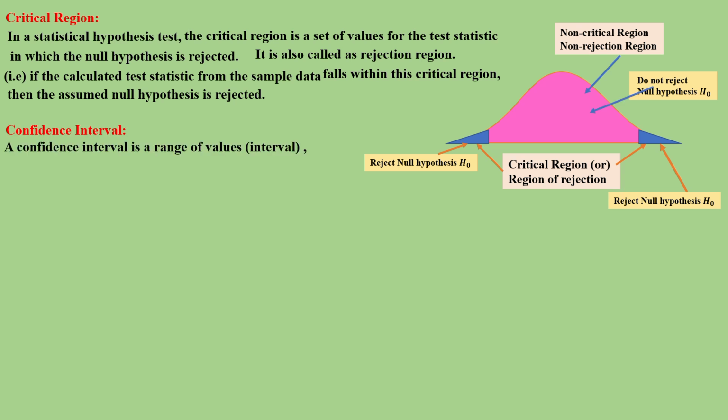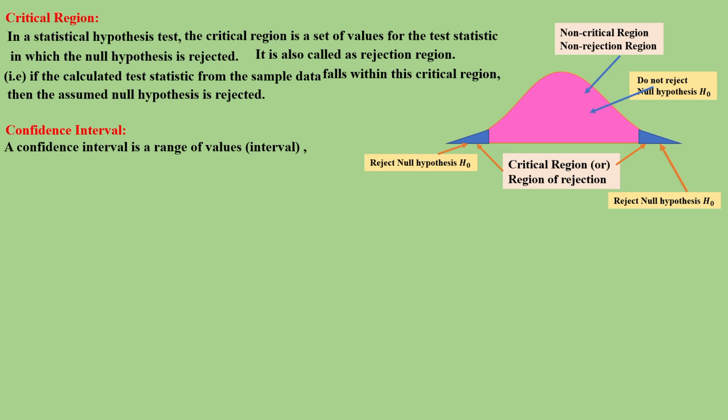Next, confidence interval. A confidence interval is a range of values, an interval like 0 to 1, 2 to 3, 2.5 to 7.8, minus 4 to 7.2. These are all open intervals. If your test value or your parameter is inside that particular interval, definitely you can accept that parameter.